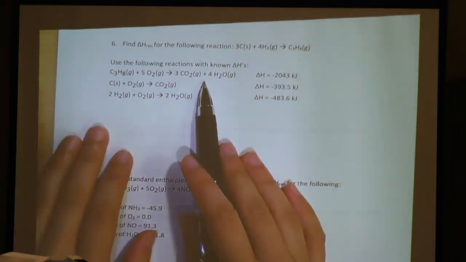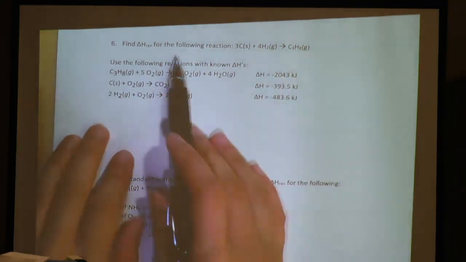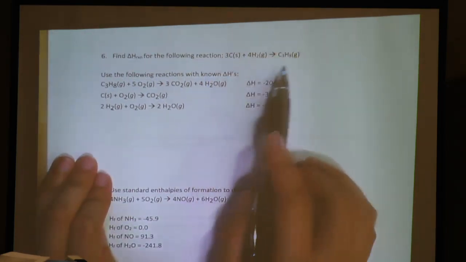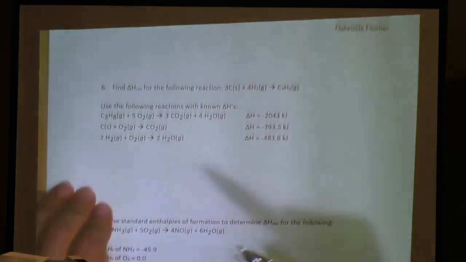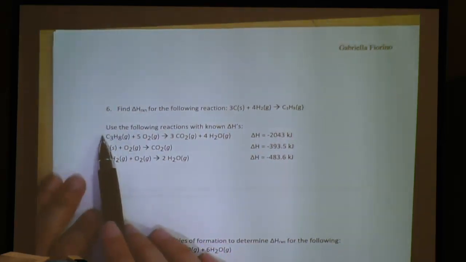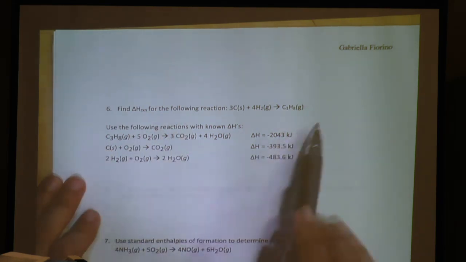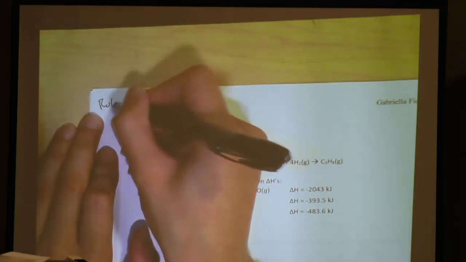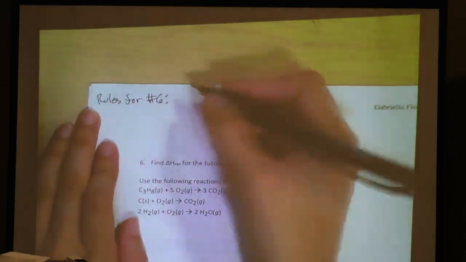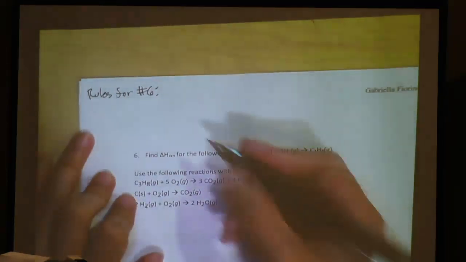So our end goal is to get these 3 equations here into a form that looks like this top equation. How do we do that? Well, we're going to multiply these 3 equations in a way that can manipulate them to get to here. We have certain rules for number 6.